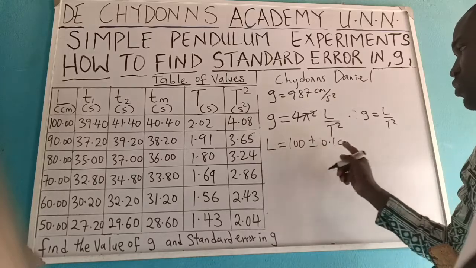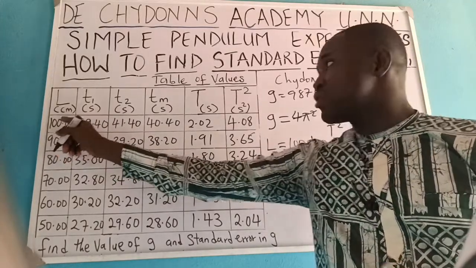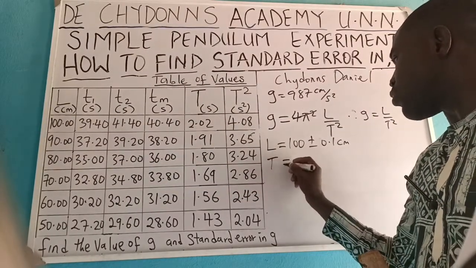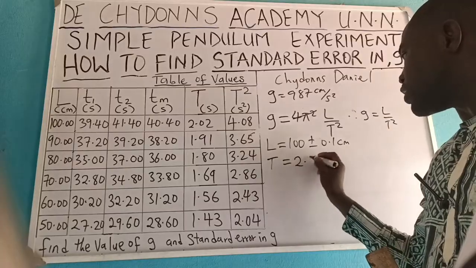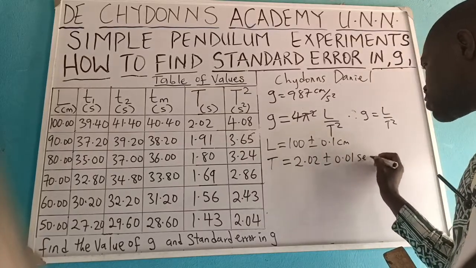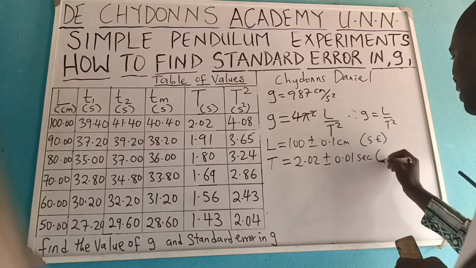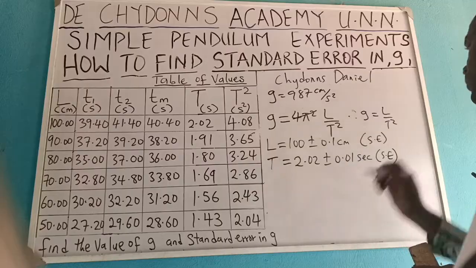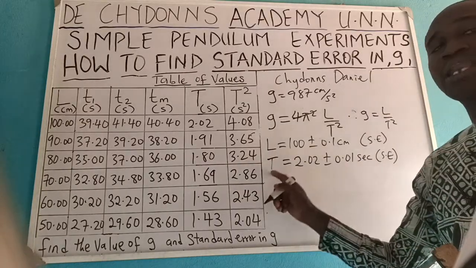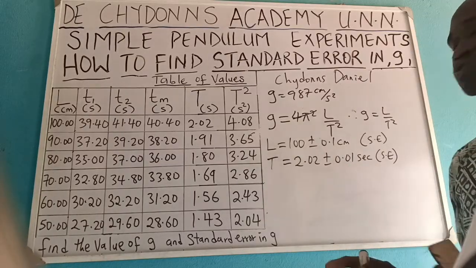100 plus or minus. So if I'm picking this 100 because that is the maximum length, I will pick the maximum period. That is T equals what? 2.02 plus or minus 0.01 seconds. You say this is standard error. That means the standard error in finding period time is equal to 0.01 second.